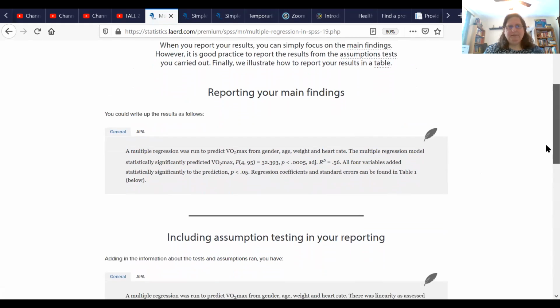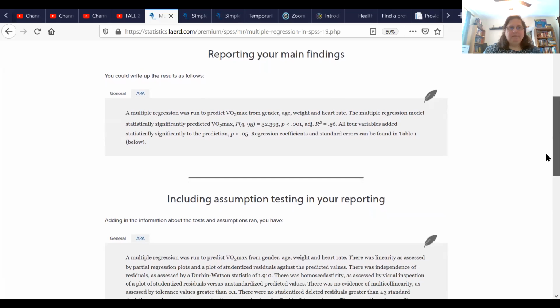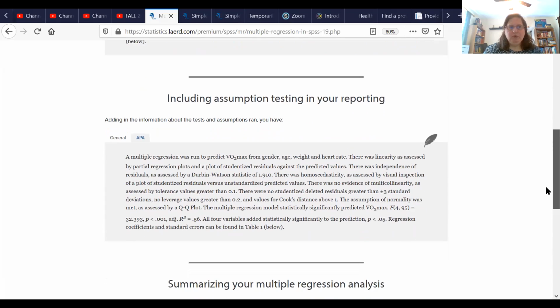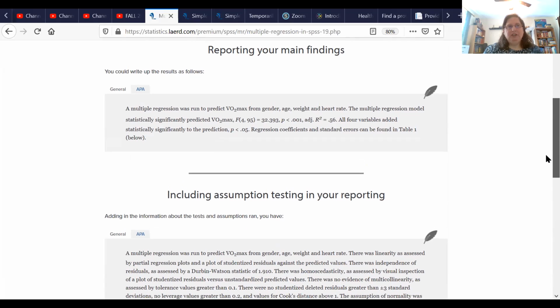Reporting. So I don't want you to include all the assumptions in your reporting, but let's talk through what I would like you to include. So let's start with this. A multiple regression was run to predict VO2 max from gender, age, weight, and heart rate. The multiple regression model statistically significantly predicted VO2 max.